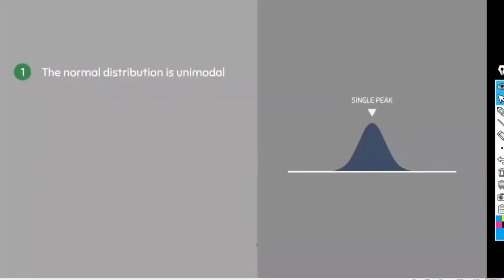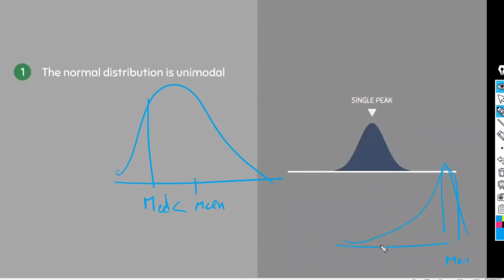If it is symmetrical, mean and median will be the same. If it is left skewed, the median will be here and the mean here, so the median is less than the mean. If it is right skewed, the median will be here and the center point will be the mean, so the mean is greater than the median.